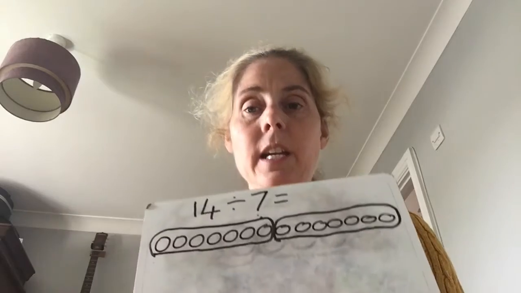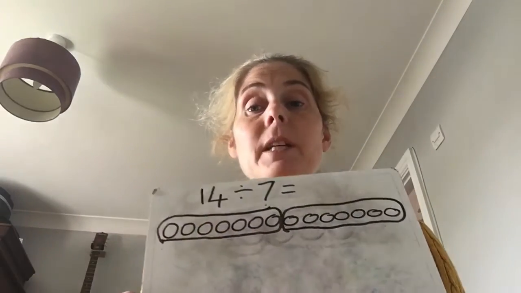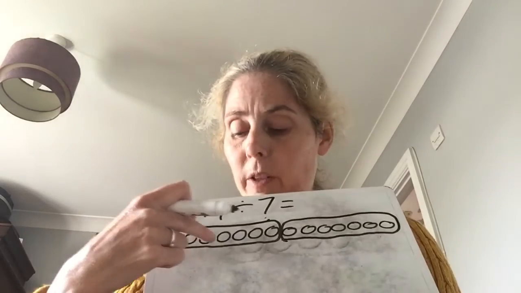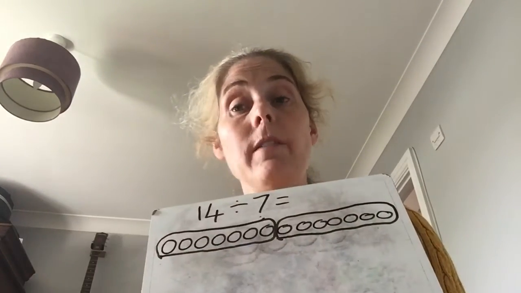And then we go again from the bottom. 1, 2, 3, 4, 5, 6, 7. And again, we group it off. And then remember, to find the answer, you look at how many groups you've got. We've got 1 group here, 2 groups. So our answer is 2.